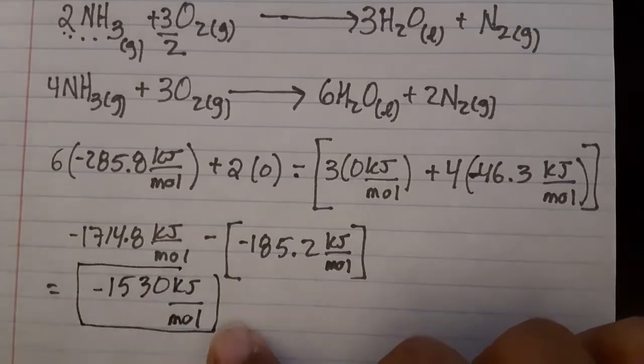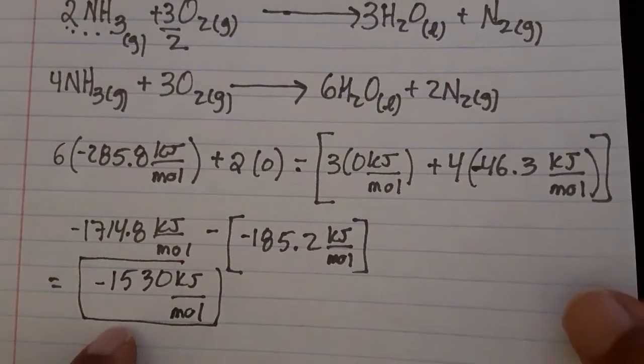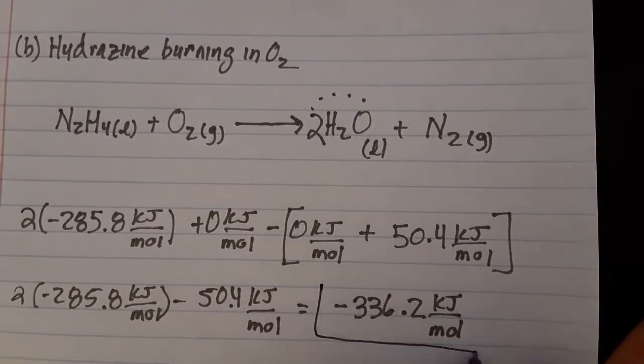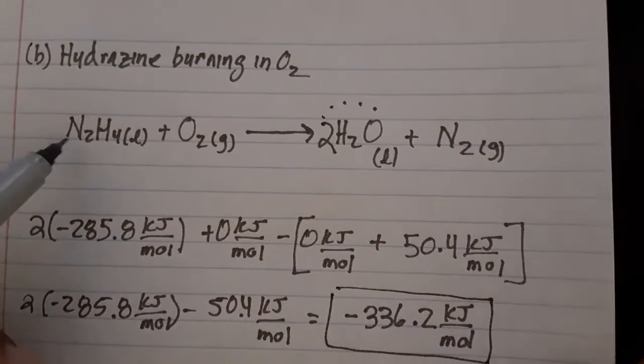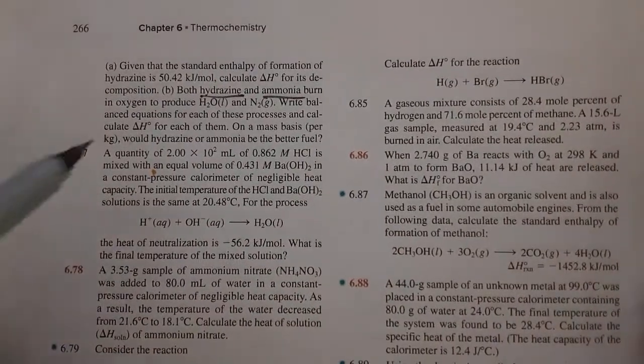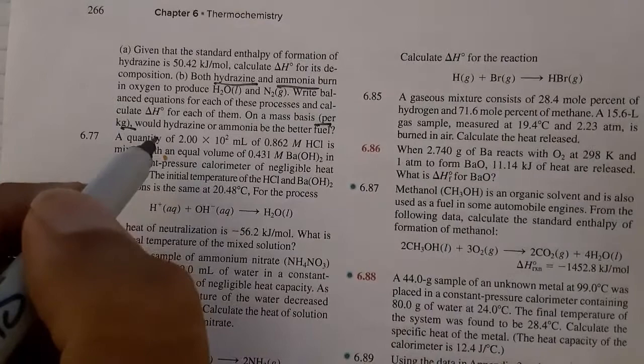Okay. So both are exothermic reactions. One is minus 1530 per mole of NH3, and the other one is minus 336.2 kilojoules per mole of hydrazine. Both are exothermic. Now, continuing on with the problem, they ask us to compute on a mass basis per kilogram which is a better fuel.